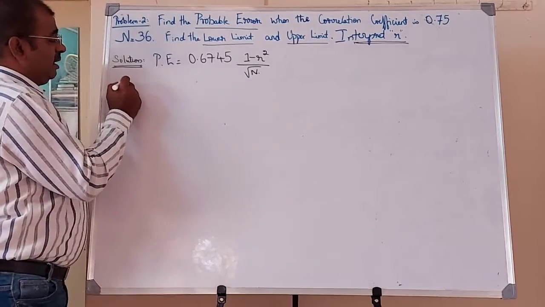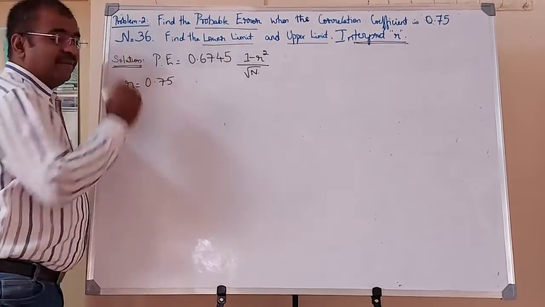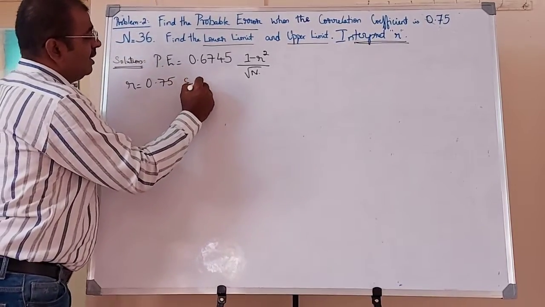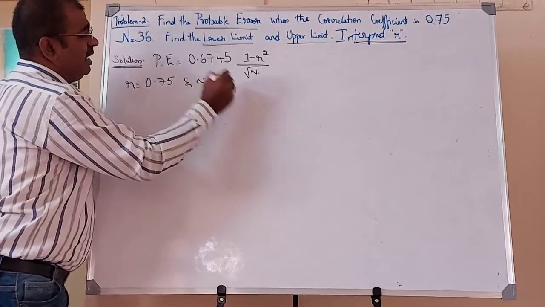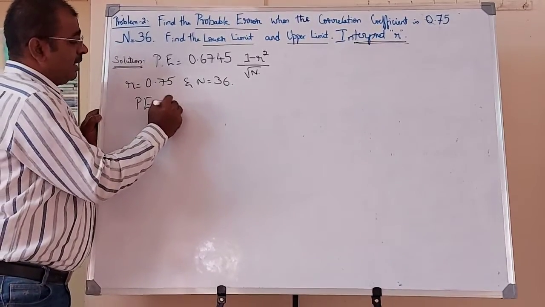From the given data, we know the value of R is equal to 0.75 and also that n is equal to 36. So let us apply our formula.